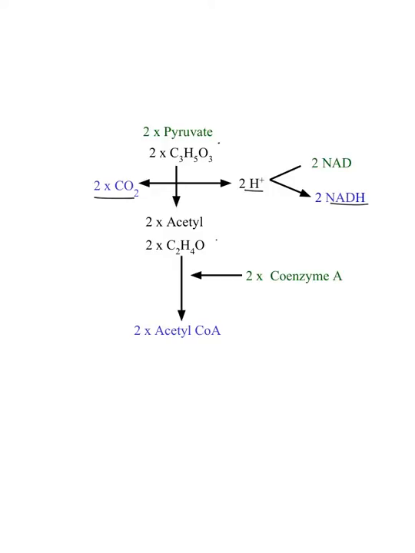If you do the math, we have the appropriate remaining numbers of carbons, hydrogens, and oxygens. And then acetyl coenzyme A is going to swoop in, help carry this acetyl group into the next set of reactions. Again, practice this on your own, and you can combine it with the previous step, glycolysis.